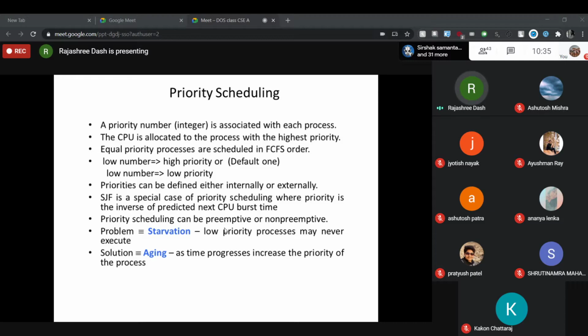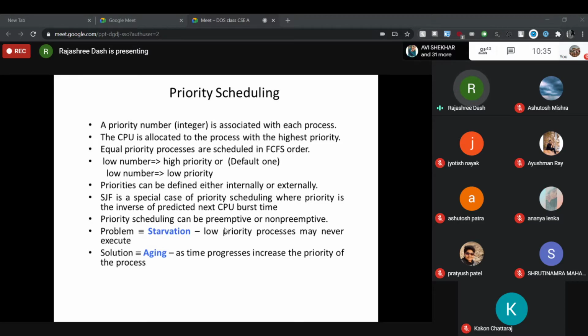But in case of preemptive priority, the way we have discussed the preemptive SJF, similarly in case of your preemptive priority, if a new process enters into the system, enters into the ready queue, then the scheduler will compare the priority of the new process with the priority of the currently executing process.